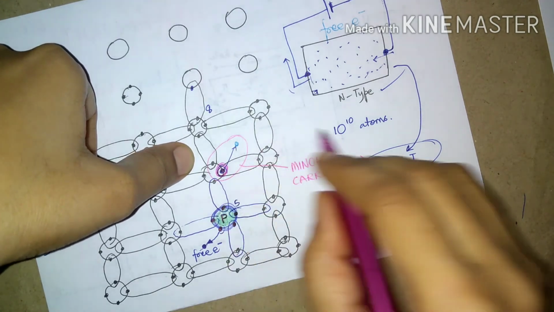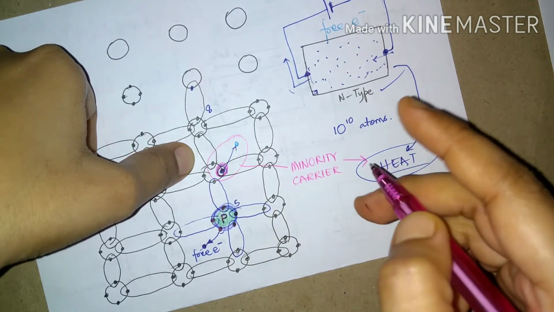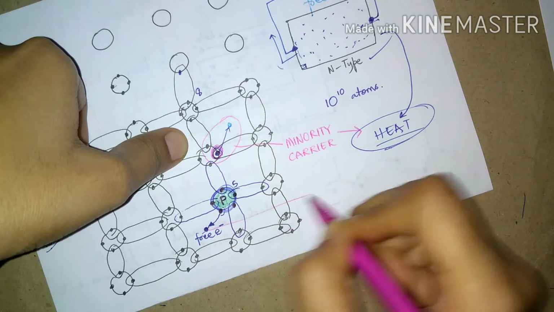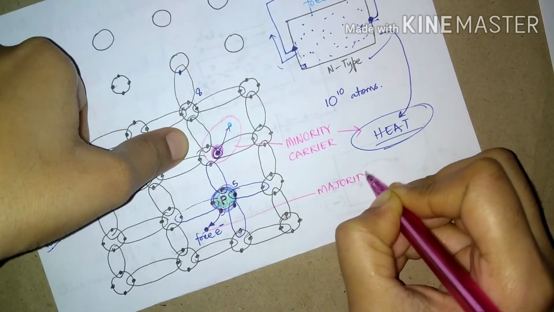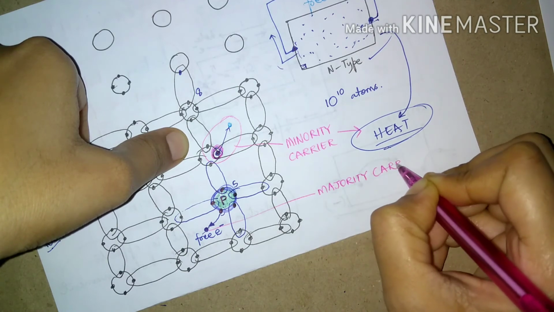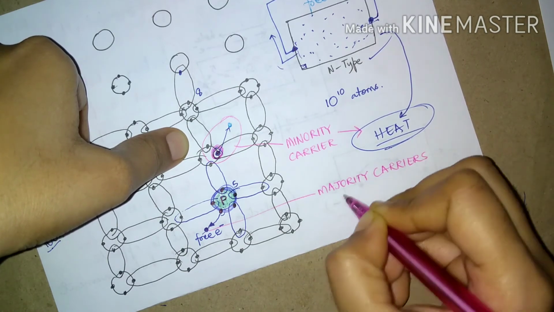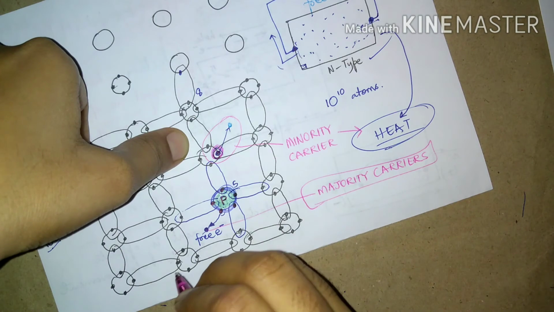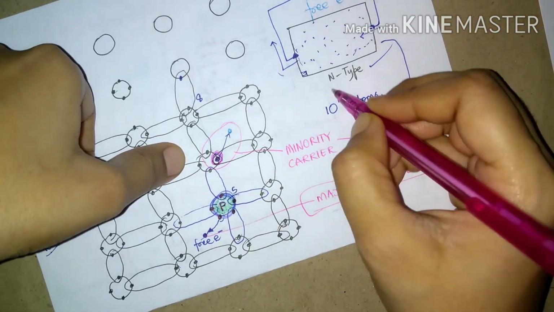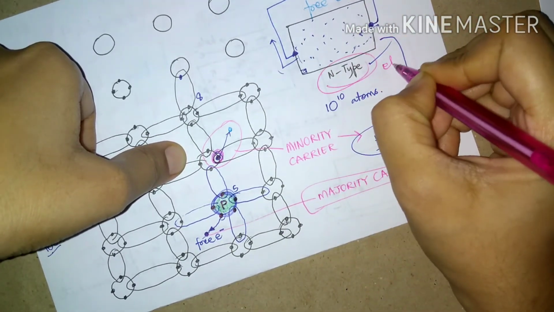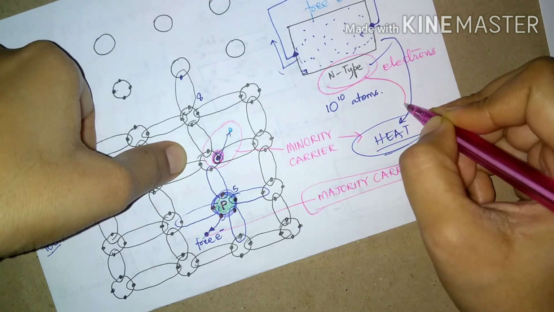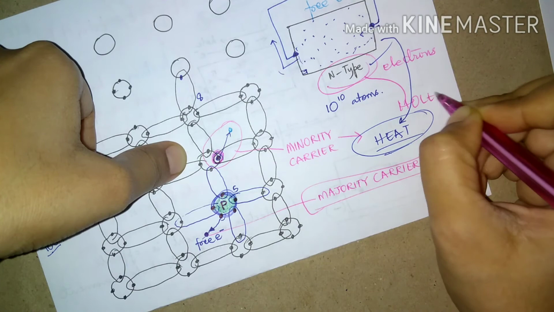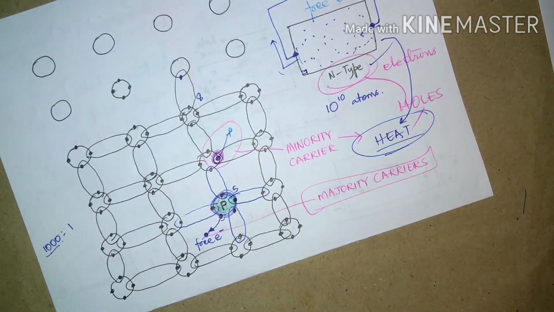We are not intentionally creating these, whereas majority carriers are those which we intentionally add into it. So here in n-type, majority carriers are electrons, minority carriers are holes which are getting created because of the heat.